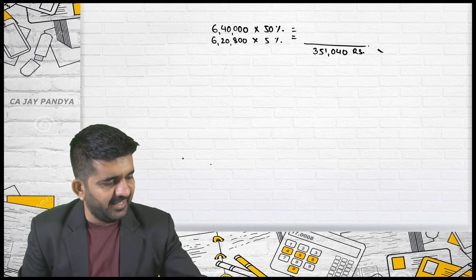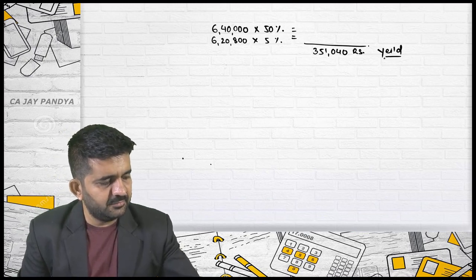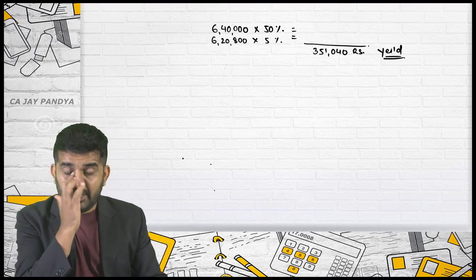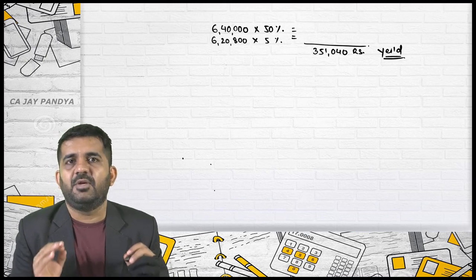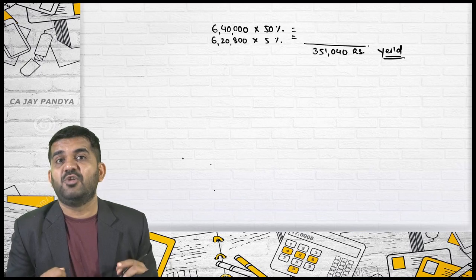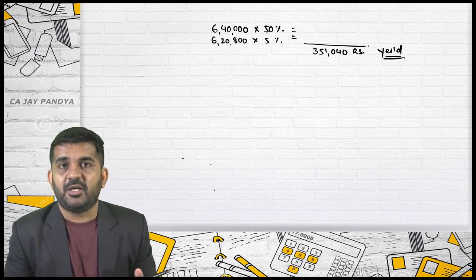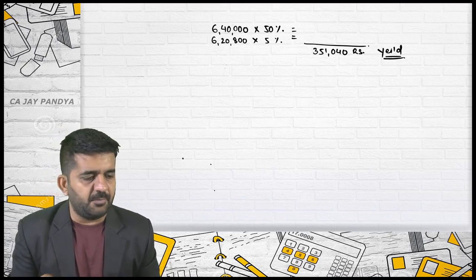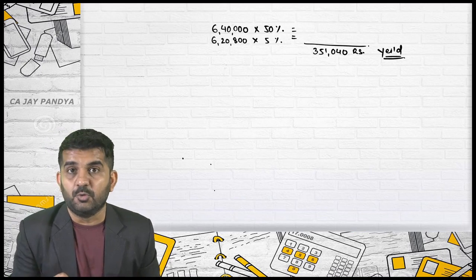That will be my yield. Is it alright? And this figure I will be taking for the purpose of cash flow or for valuing the company. 50% of distributed profit and 5% of undistributed profit.